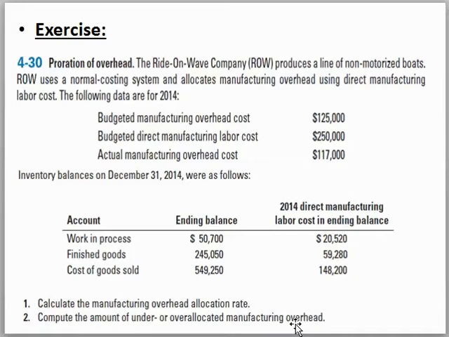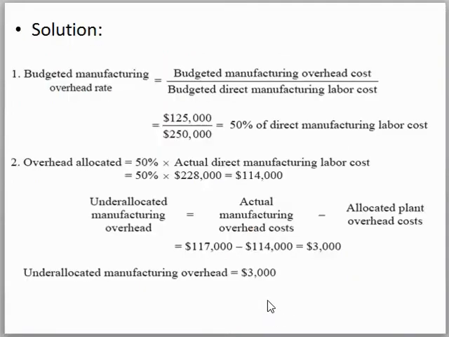We get the allocated overhead by multiplying the actual direct manufacturing labor cost by the budgeted rate from the first question. Overhead allocated is 50% multiplied by $228,000, which gives $114,000.